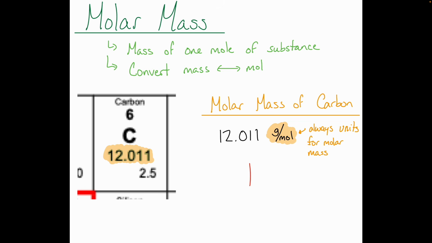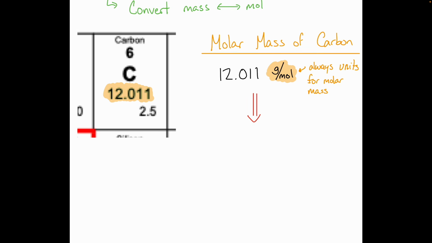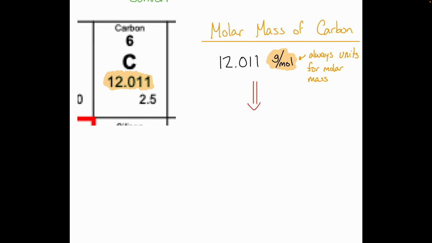So what we're going to do is take this mixed unit quantity. We were playing this game with density in our first week. Density was another mixed unit quantity of grams per mil. This one's grams per mole, but we're going to treat it the same way. Turn it into a conversion factor by putting 12.011 grams over 1 mole.